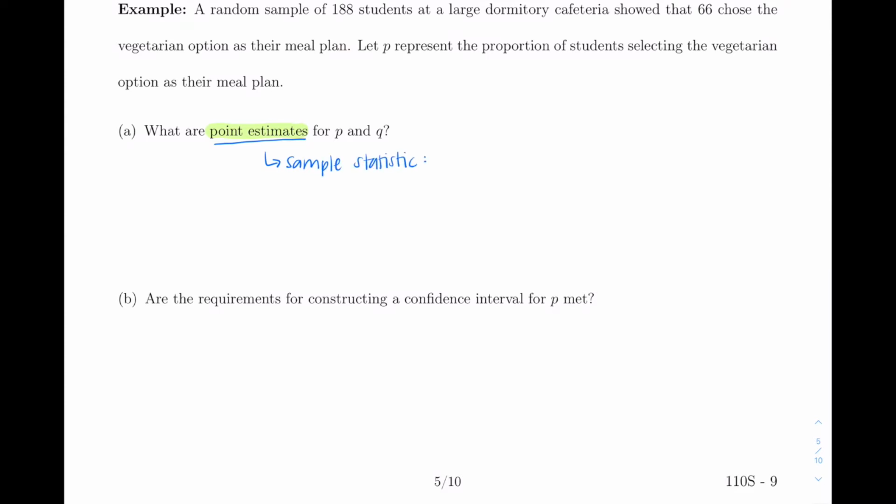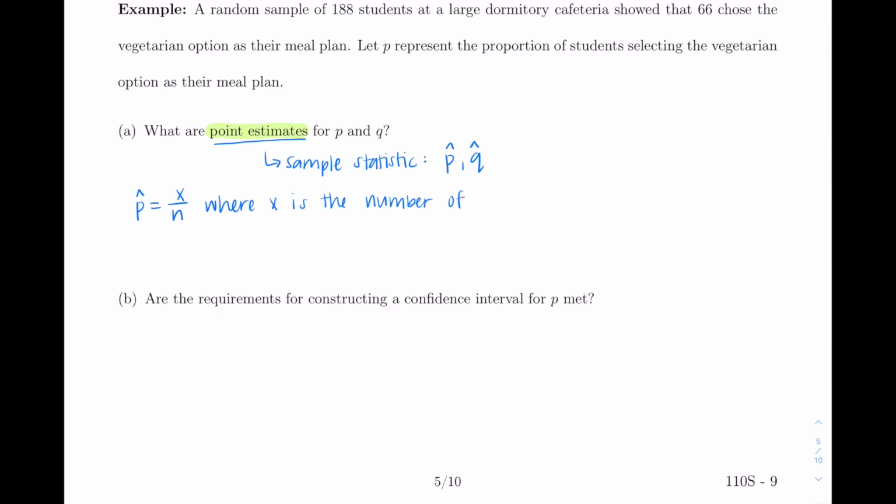And when you are estimating the population proportion, your sample statistics are p hat and q hat, where p hat is equal to x over n, and x is the number of "successes."